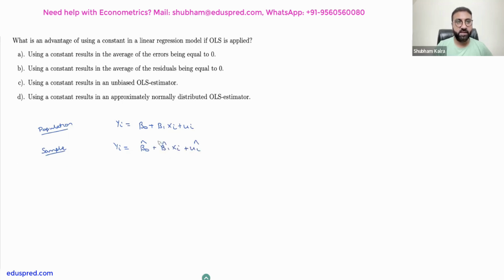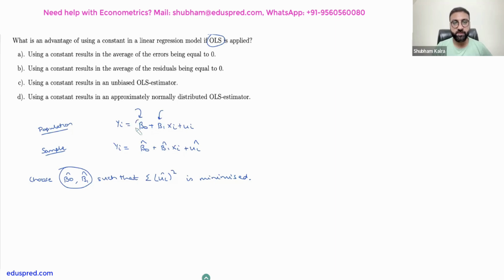Okay. Now we are using the method of OLS which says that we have to choose the estimators beta 0 hat and beta 1 hat such that the sum of squared residuals is minimized. So that means the summation of u_i hat squared is minimized. And the reason we have to choose two estimators over here is because we are given two parameters. In this case, the two parameters are beta 0 and beta 1.